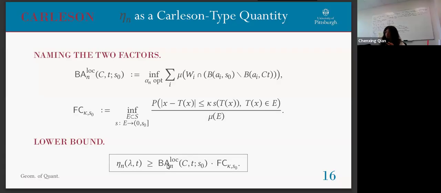So it's a clean factorization. The base annulus quantity describes the inside geometry of S, and the fiber contact quantity describes the geometry across S and K and how they intersect with each other.